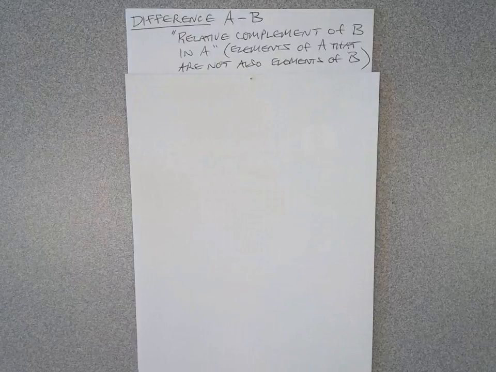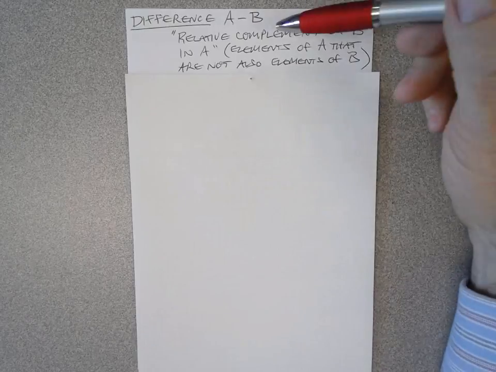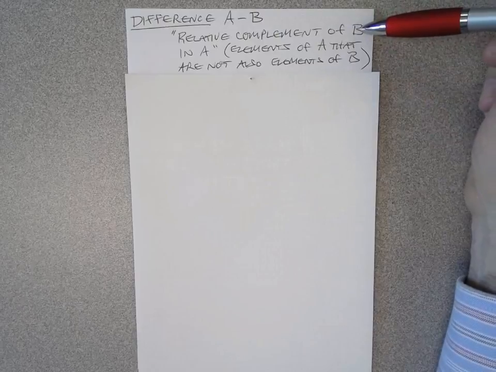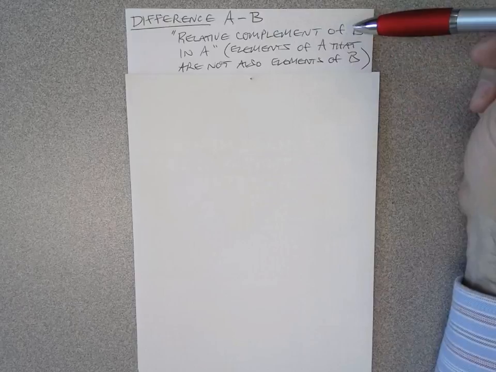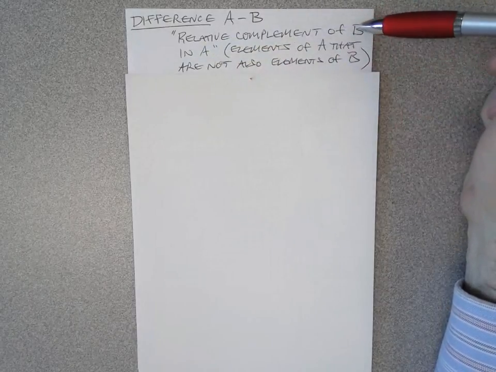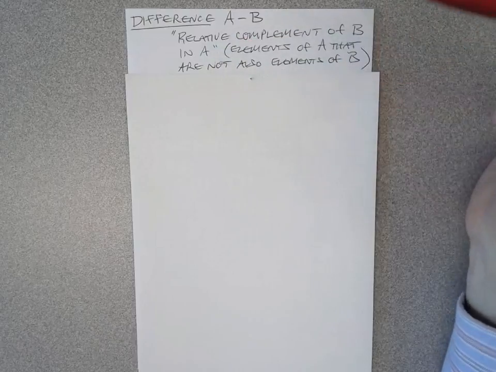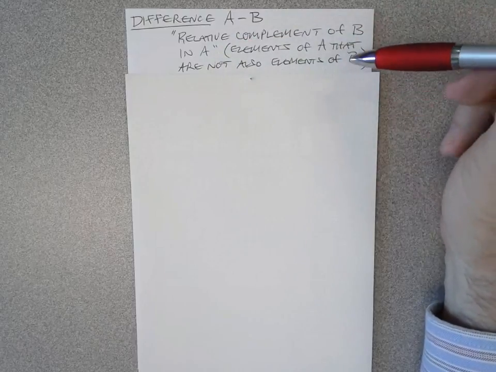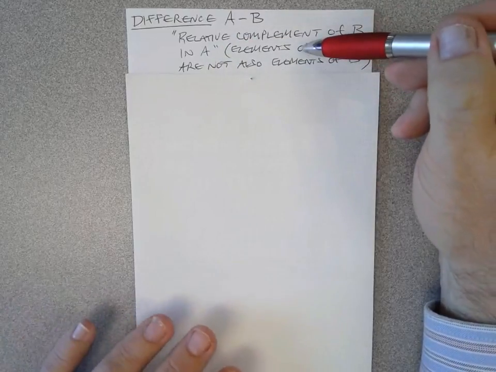A fancy way to talk about the difference is given in your book, and they refer to it as the relative complement of B in A. Remember, we just finished talking about complement. So the complement of B is everything not in B, but it's more than just the complement of B. It's the complement of B that's still in A. So everything outside of B that's still in A. Elements of A that are not also elements of B.